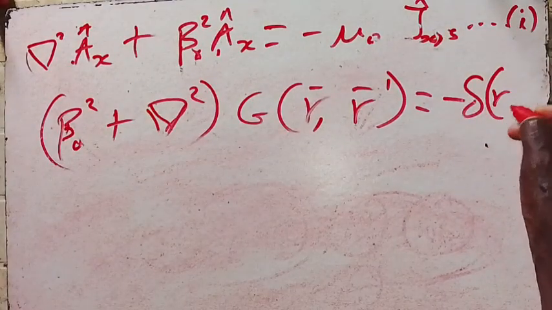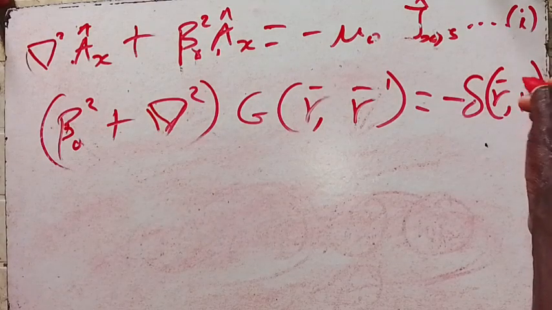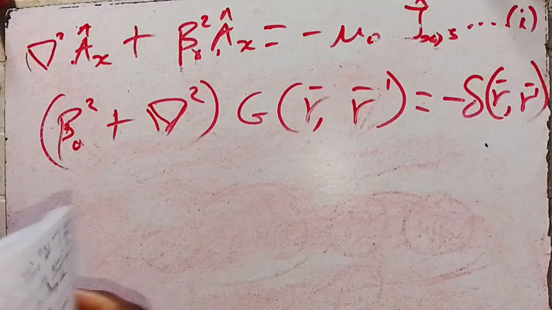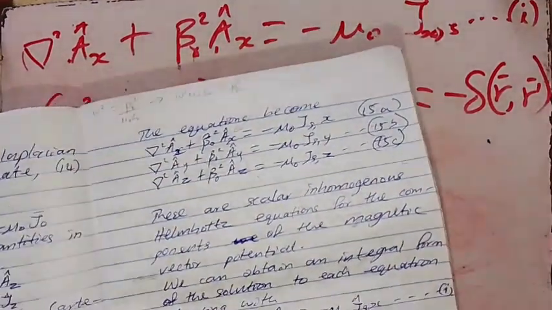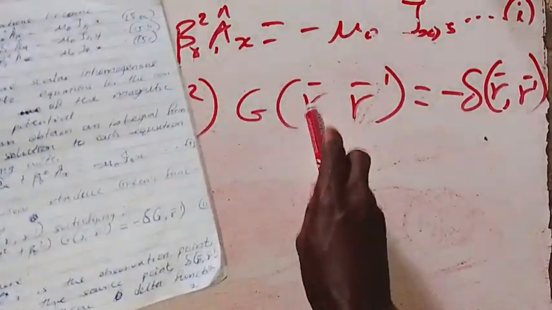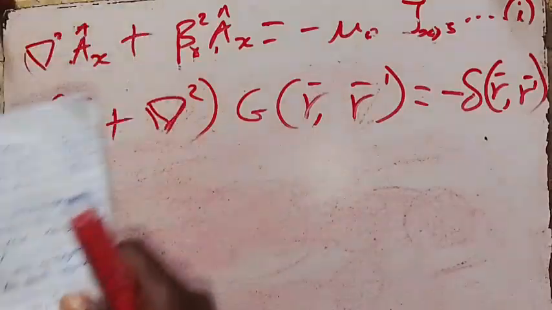Then you now have the Green's function. Yeah, that's correct, but I think I switched the order. So that's it. So what does this mean? We're going to tell you what that means right now.